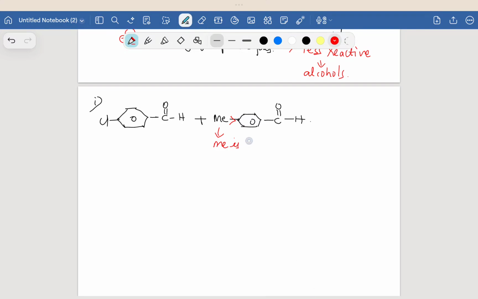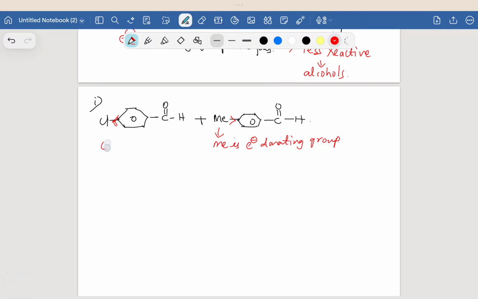Me, nothing but methyl, is an electron donating group. And Cl is electron withdrawing. Cl is an electronegative atom, so it will pull the electrons towards itself.